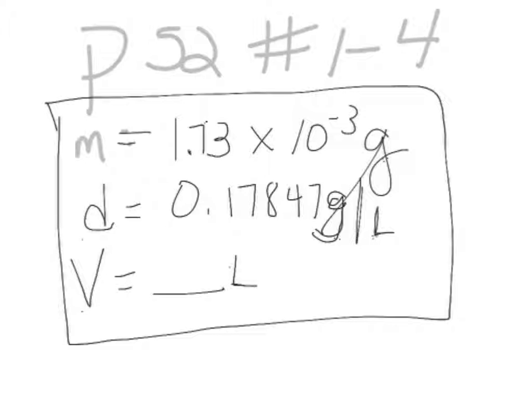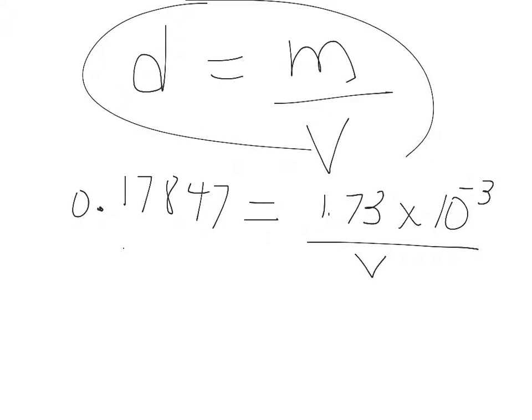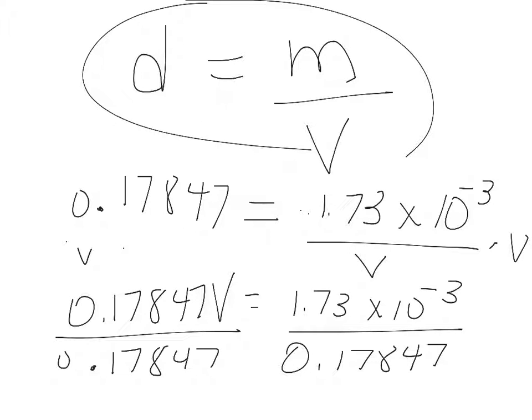So now I'm going to set the problem up on the next page. So my first step is I put my equation here, and then I'm going to plug the numbers where they belong. So this was the density, this was the mass, volume is my unknown. Now I'm going to manipulate by taking both sides times V. So once I multiply both sides times V, then I went ahead and further divided the number off of the V to get my variable alone.